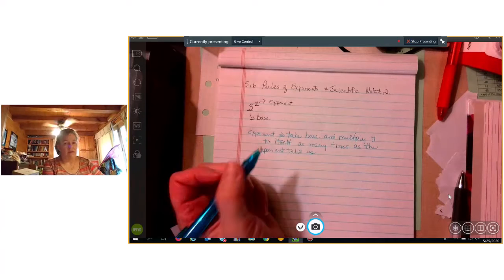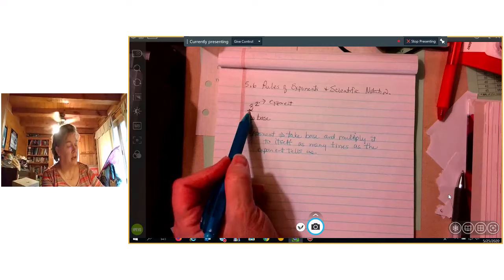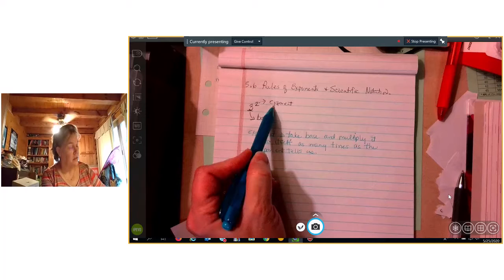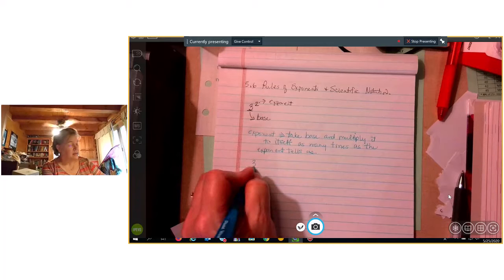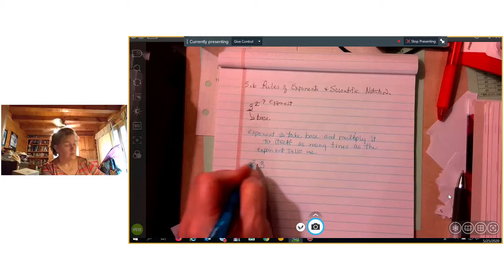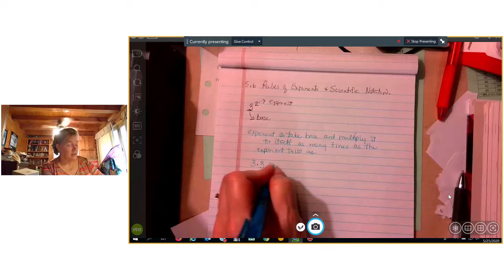So in this case, we have a base of 3 and an exponent of 2. This is telling us to do 3 times 3, which is going to give us 9.